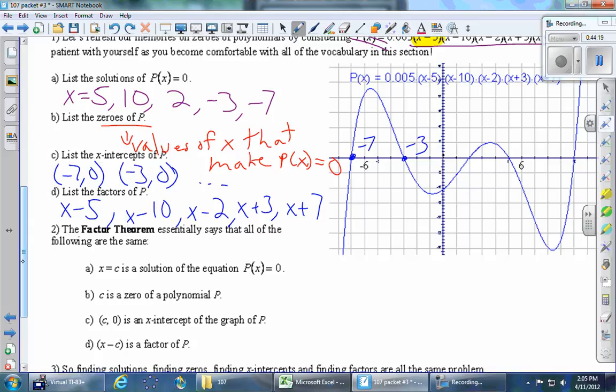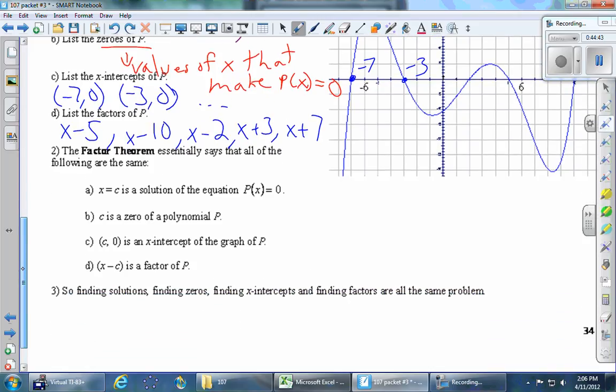That was B, where we found the zeros. Go ahead. Where did we do that? Part C, x-intercepts. And go ahead. Okay, where did we do that? B. Nice, A, B, C, D. I lined it all up for you guys. I could have mixed it up.